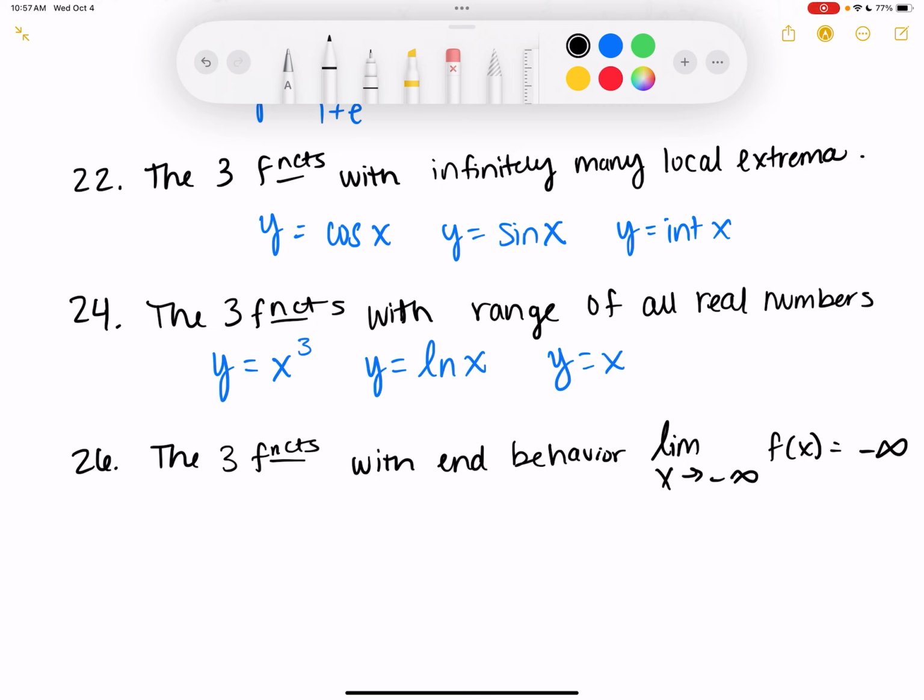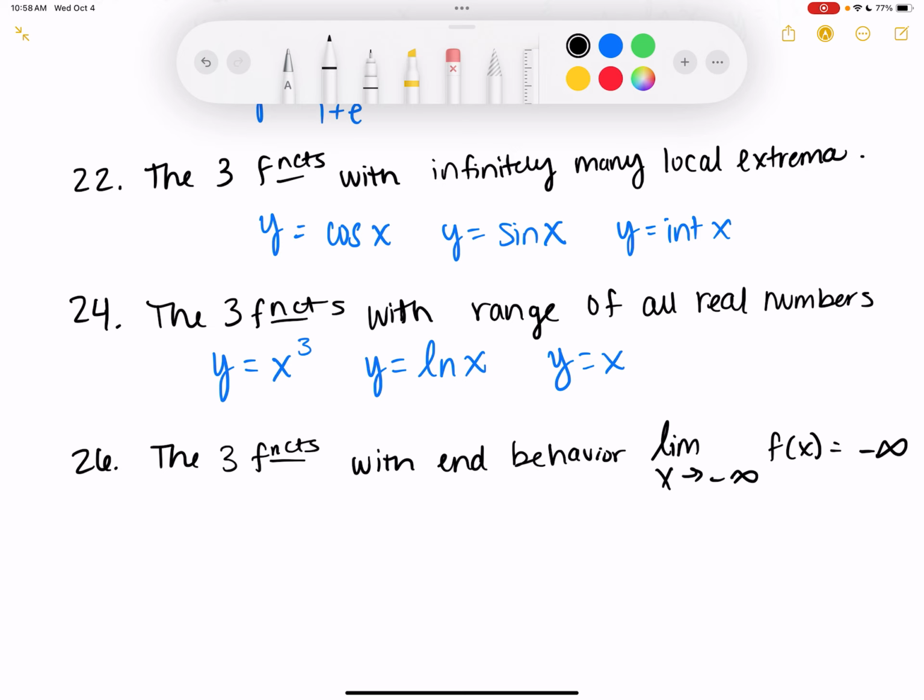But this means as x goes all the way to the left, y is going down. As x gets really, really small, because big negative numbers are really small, we go down on the y.